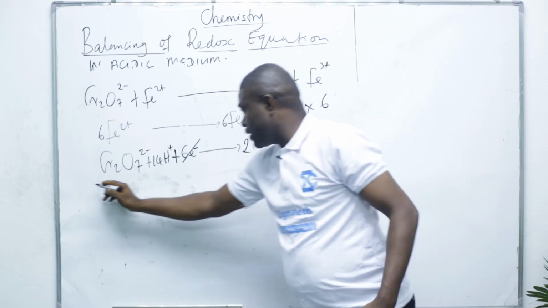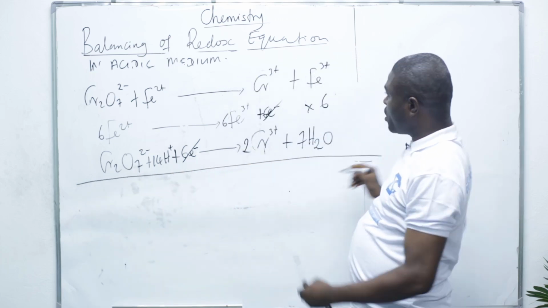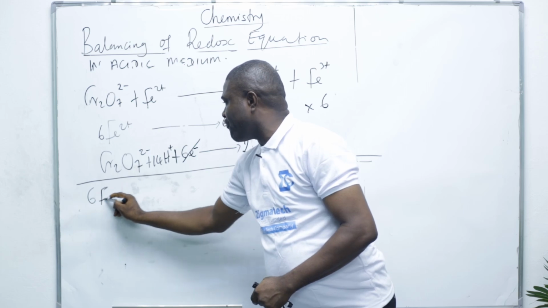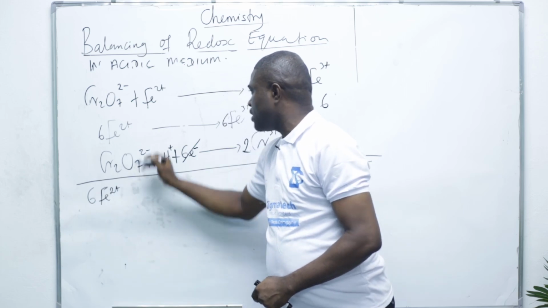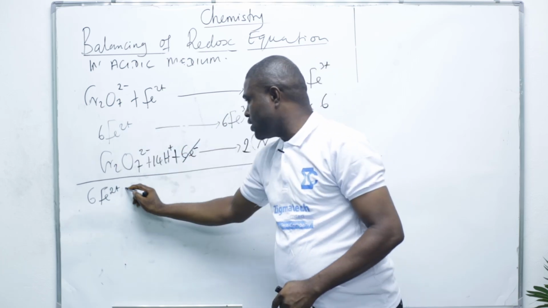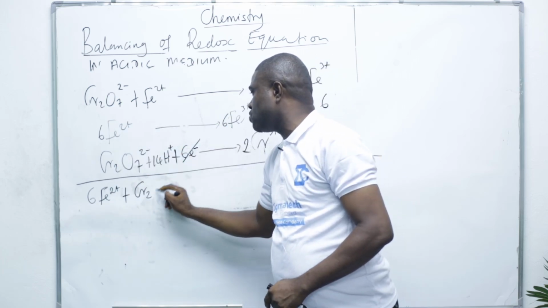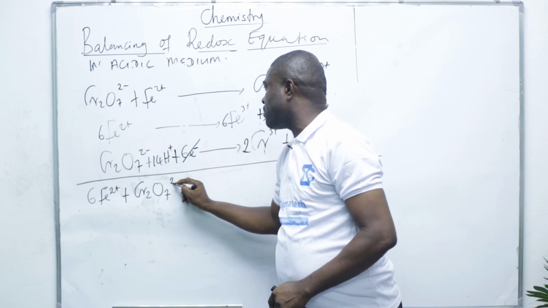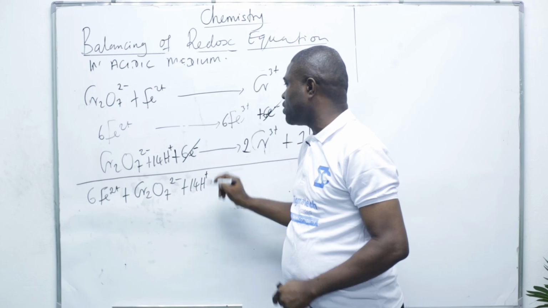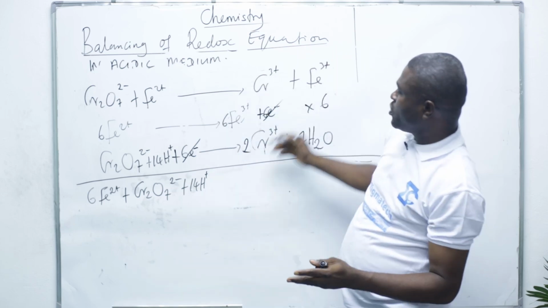And finally, gather all of them together. So I will now bring all of them together, starting from this: 6Fe2+ plus the reactant you have exhausted. You will now pick the reactant of this, plus Cr2O7 2-, then plus 14 hydrogen ion. Okay, we'll now move to the product side.